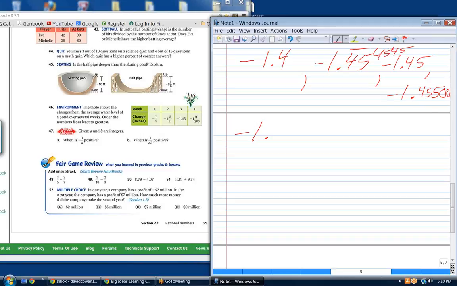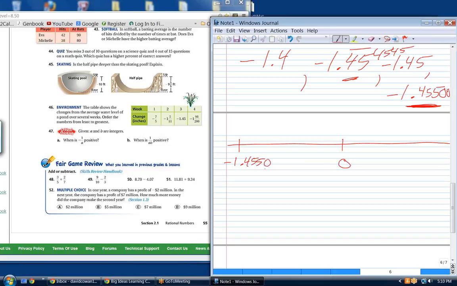This one down here is 1.455, so this is a larger negative number than this one. It belongs to the left on the number line. Here's 0. So the far left is going to be minus 1.4550.